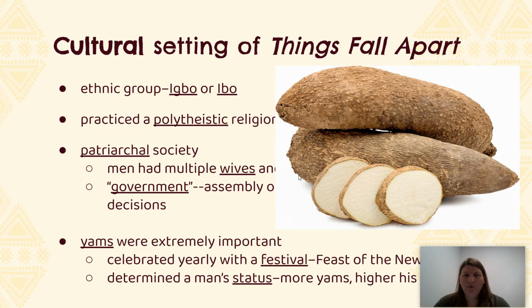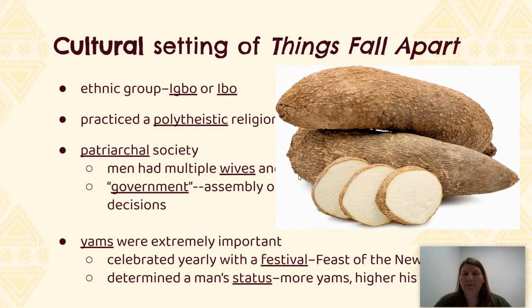And last, we're going to talk about yams. So yams in the Igbo society in Things Fall Apart play a really significant role. They were extremely important, and we see that because every year they celebrate the Feast of the New Yam as a way to honor the gods who make the land fertile and provide the yams.